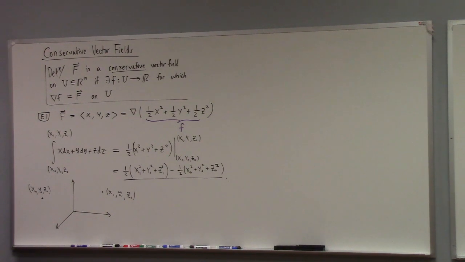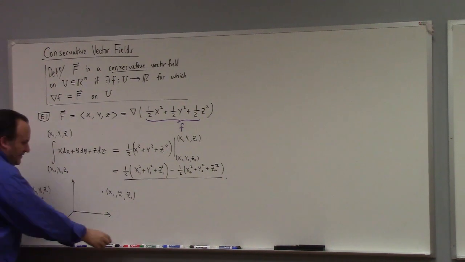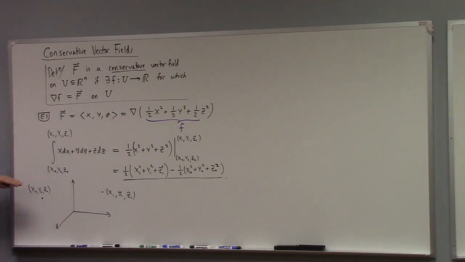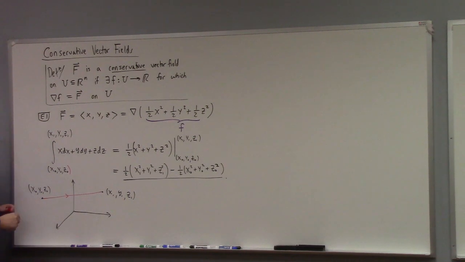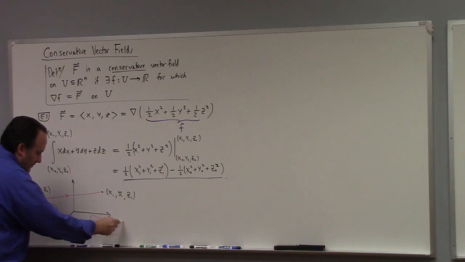This only would make sense when there is no dependence on which path you're taking from one point to the other. But that would be the case here, because the fundamental theorem of calculus for line integrals says it doesn't matter if I do this path or if I do that path.